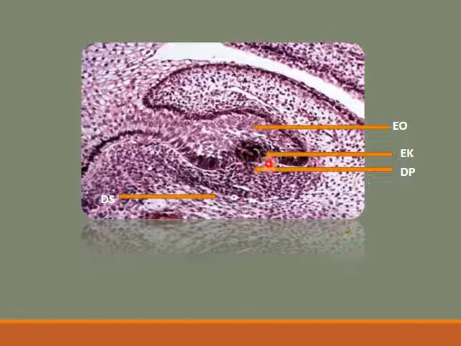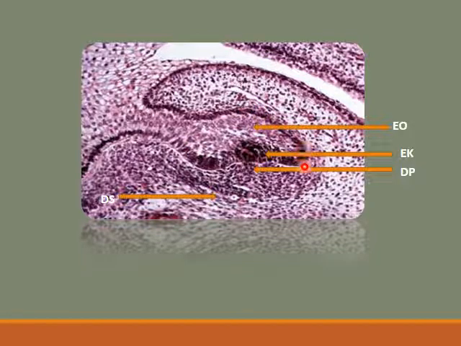This is another histological picture of a tooth germ in cup stage. This represents the oral epithelium. This is the basal cell layer of the oral epithelium, and this is the dental lamina from the oral epithelium, and this is the enamel organ during cup stage.